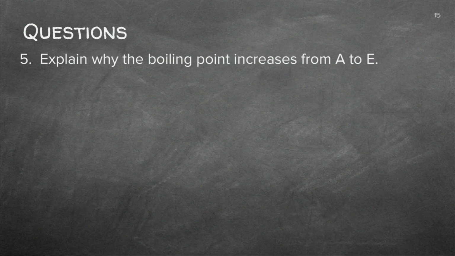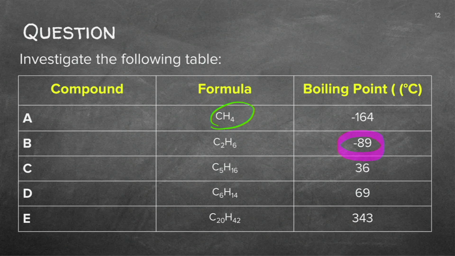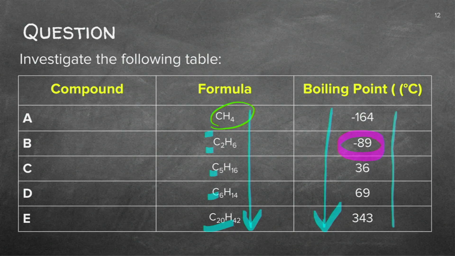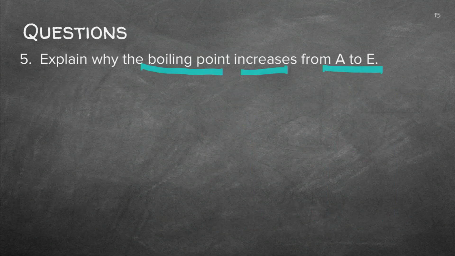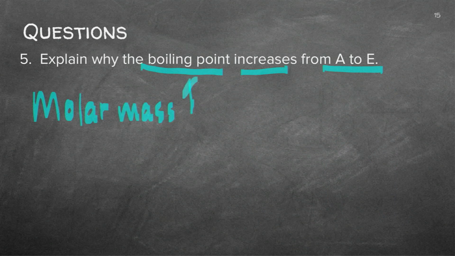Right, a last question. Why is the boiling point increasing from A to E? We almost answered that before. Because the molecular mass is increasing. You can see it's getting more and more carbons as it goes down. Therefore, the boiling point is increasing. My answer will be: with the molar mass increasing, my intermolecular forces are increasing.